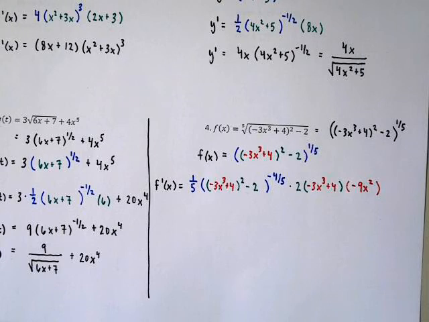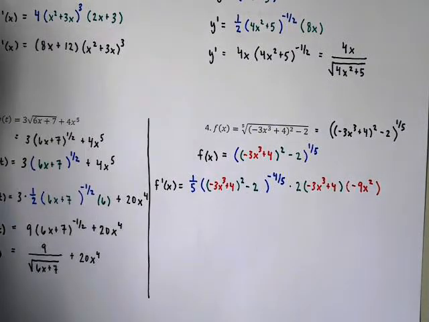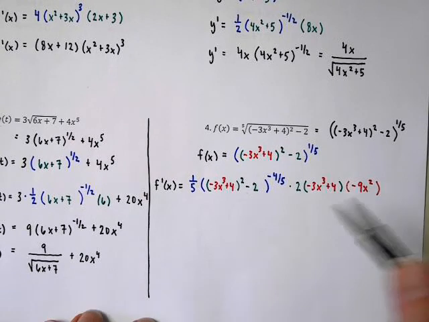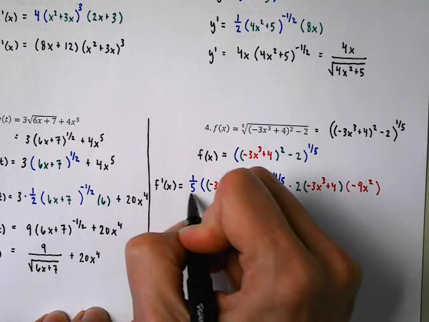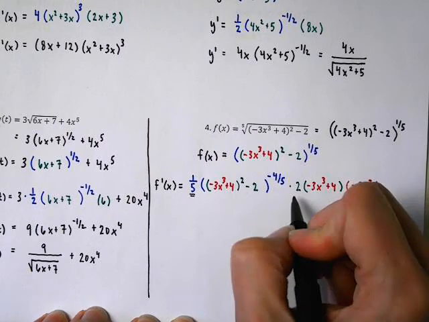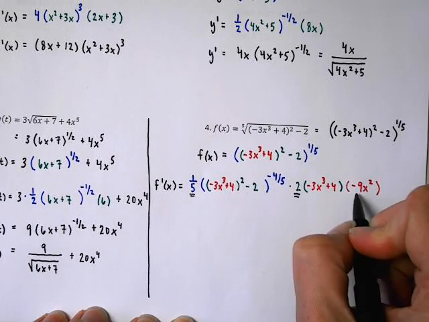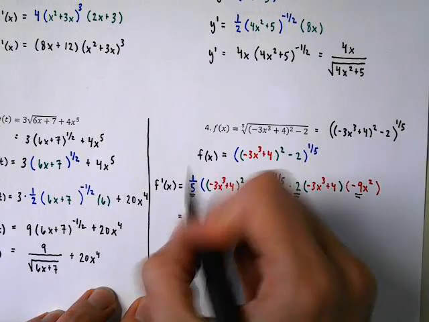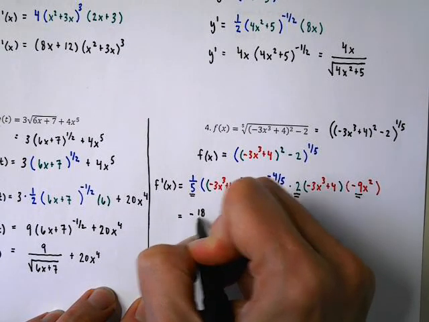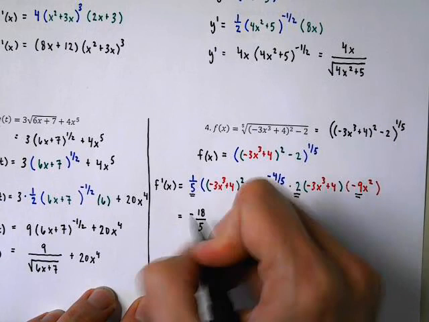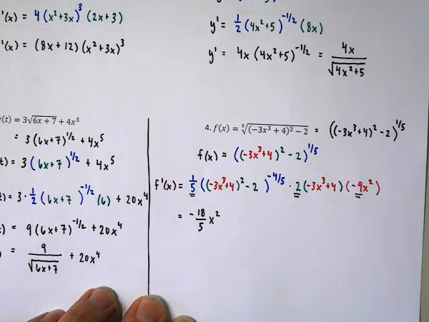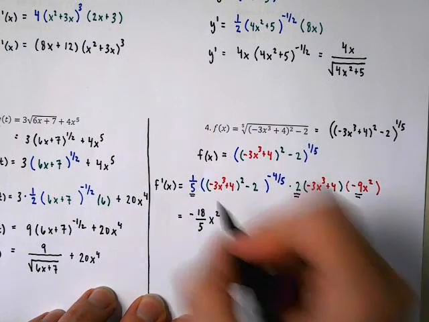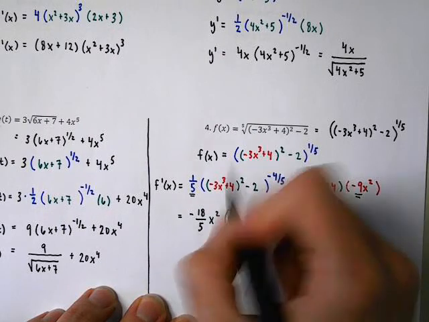So I'm done. So I've differentiated everything, and now I'm just going to see what I can simplify. So it looks like I have a 1/5, and I have my 2 and my negative 9. So this derivative is going to be negative 18 over 5. I can take the x squared, and then really everything else is just going to stay in parentheses as it is.